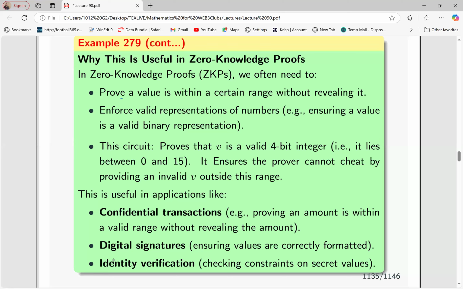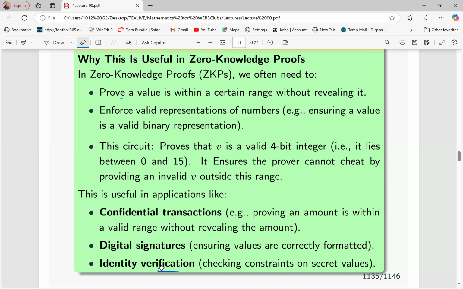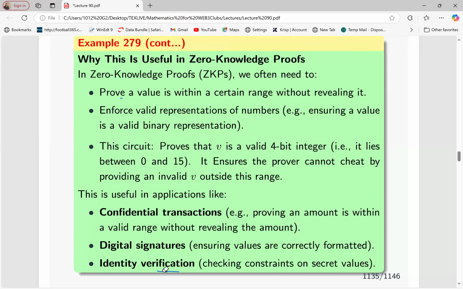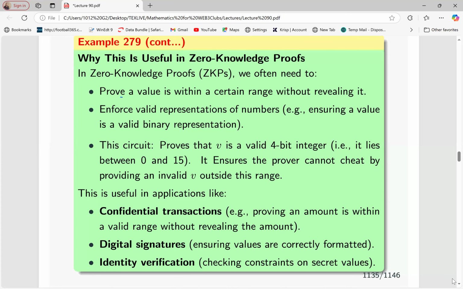And what about digital signatures, ensuring that values are correctly formatted? We can also use it in identity verification, checking the constraints on the secret values. These are some of the ways it can be used. When we begin zero knowledge proof, we shall look at each of these and see how this knowledge is useful in each.